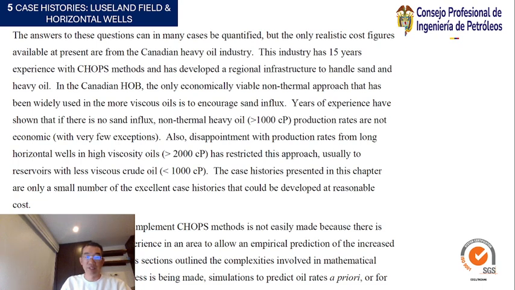in oil rate with time. The previous section outlined the complexities involved in mathematical modeling.